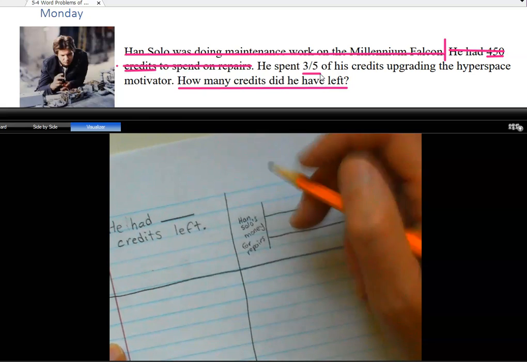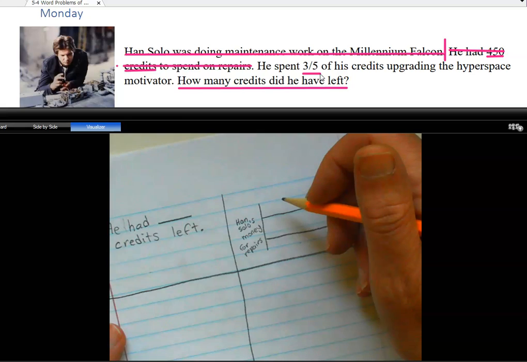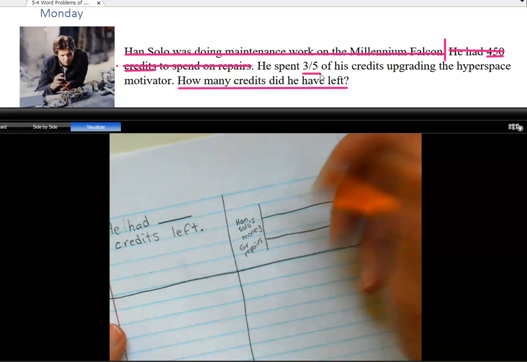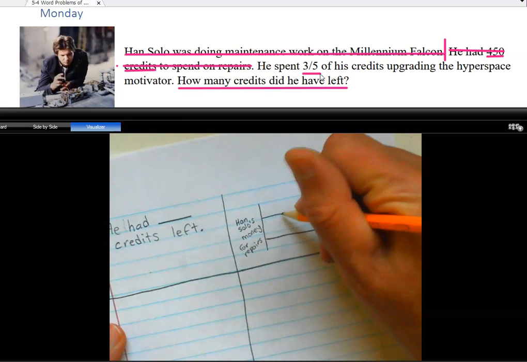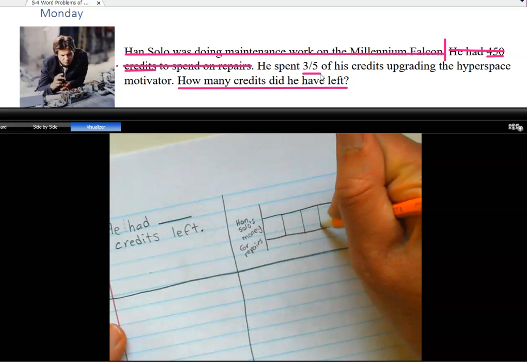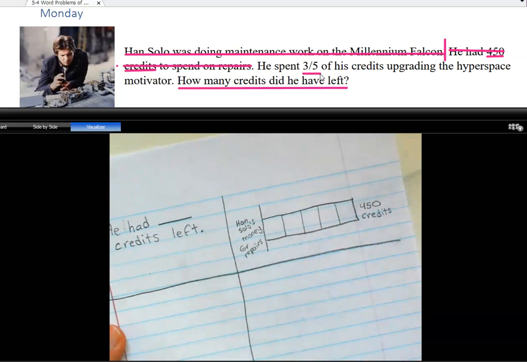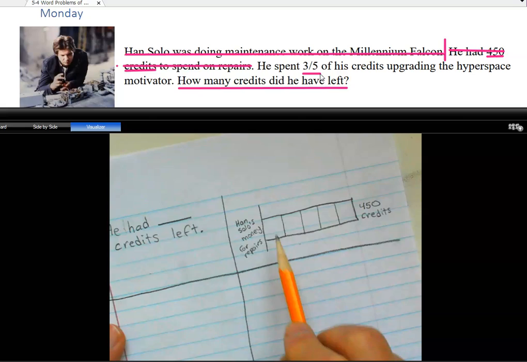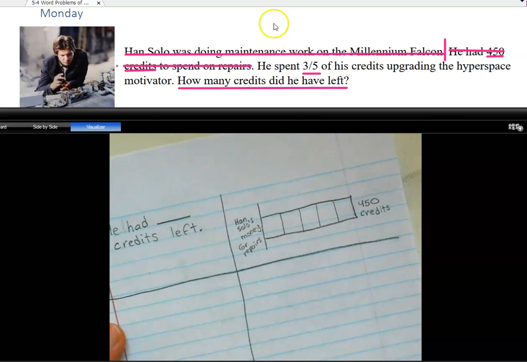Since 3/5 of his credits were spent on the hyperspace motivator upgrade, I'm going to divide my unit bar into fifths. I'm trying to be careful to make sure that each fifth is about the same size. 1, 2, 3, 4, 5. Now it says he spent 3/5 of his credits upgrading the hyperspace motivator.